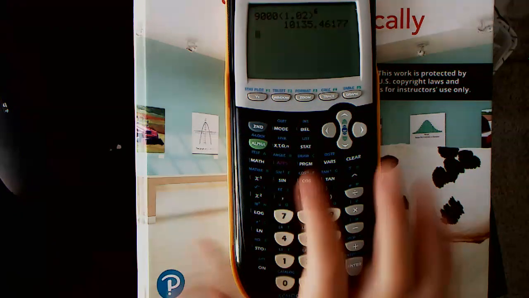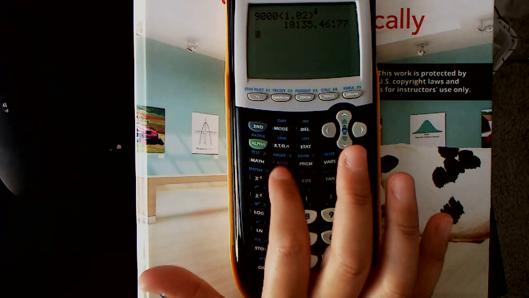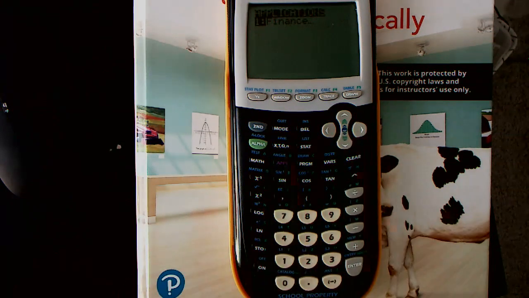So how do we find the app? You will find this key, APPS, and click APPS. The first app is Finance. I used to have another calculator that has more than just that app, but this calculator only has this app. But that's enough for our course.